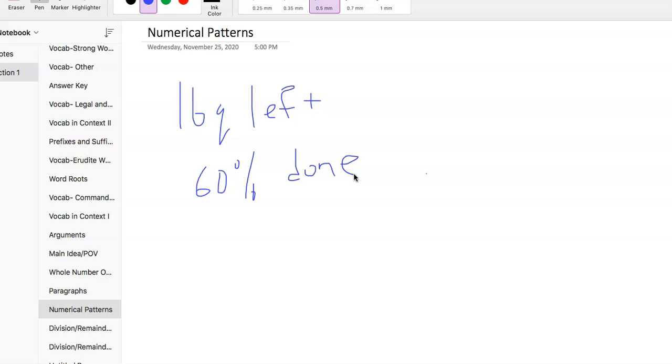So this is just how you logically think it out if you feel trapped. Okay, if this number instead of 60 was 50, let's say that for a second, because 50 and 60 aren't that far apart. It's not going to be exactly the same, of course, but it's not that far apart. Okay, if we were 50% done and there were 16 questions left, then that would mean I'd already answered 16, right? And then our answer would be 32.